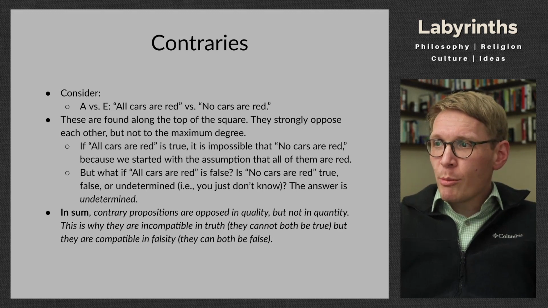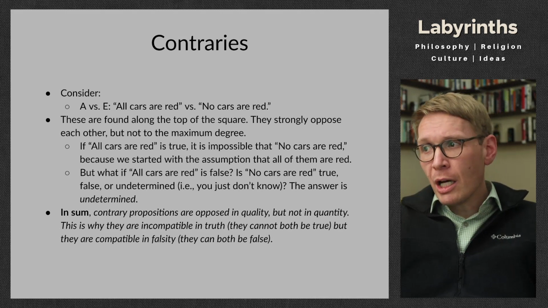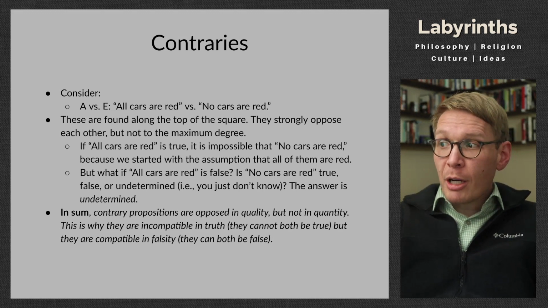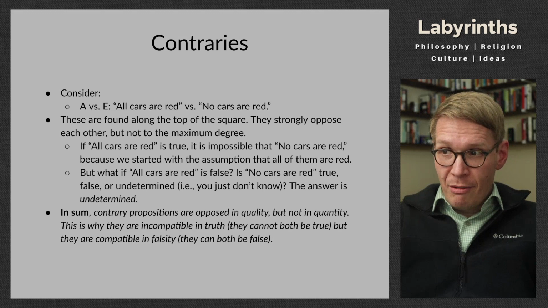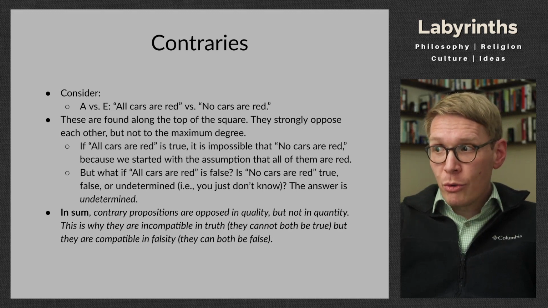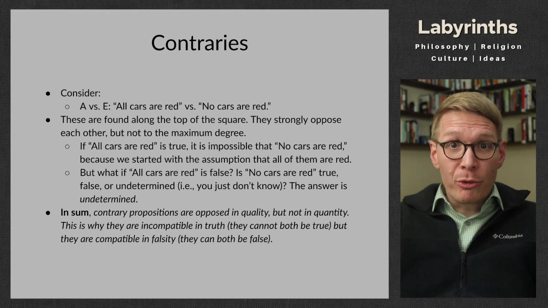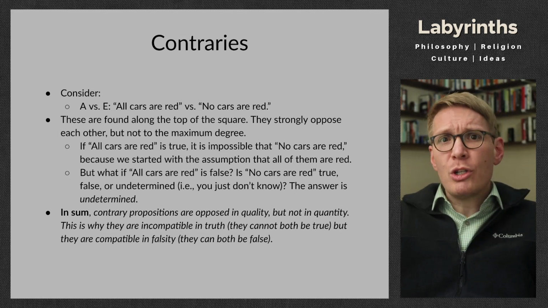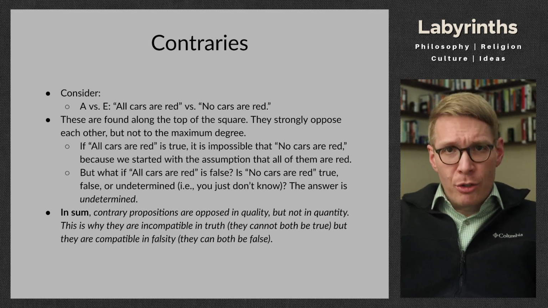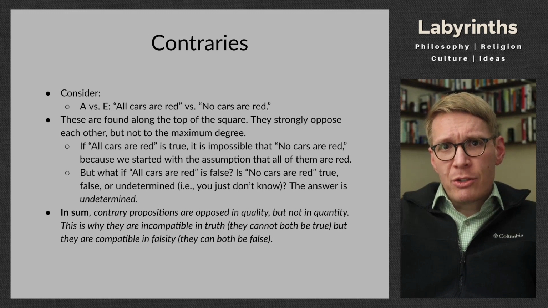Therefore, in sum, contrary propositions are opposed in quality, all and none, none and all, but they're not opposed in quantity, right? So that's why they're incompatible in truth. They cannot both be true, but they are compatible in falsity. They can both be false, or one false, one true. If you start with a false proposition, you can't validly determine whether its contrary is true or false.